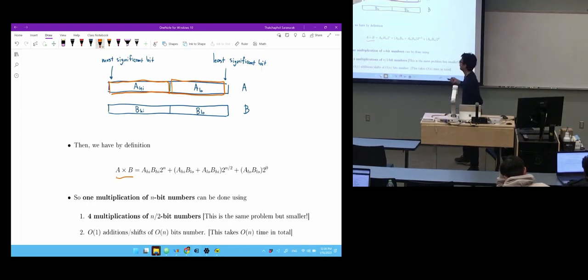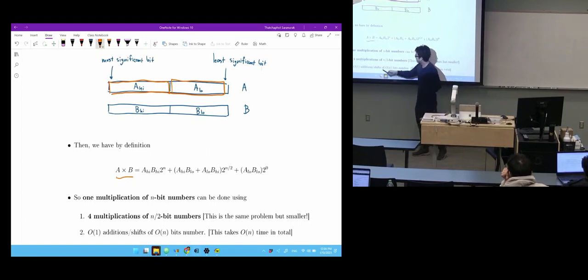All of this is just a number of size at most n. So you do a constant number of additions. That takes O(n) time as well. So just to conclude, to do one multiplication, all you need to do is 4 multiplications of smaller, half-size numbers. And then once you have done that, just take some easy operations that can be done in O(n) time.